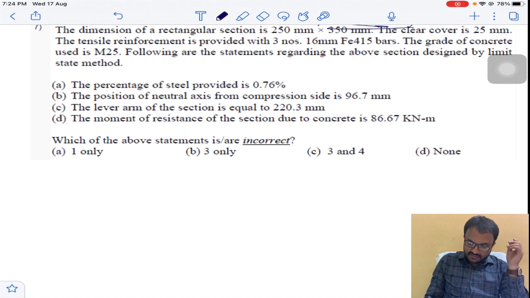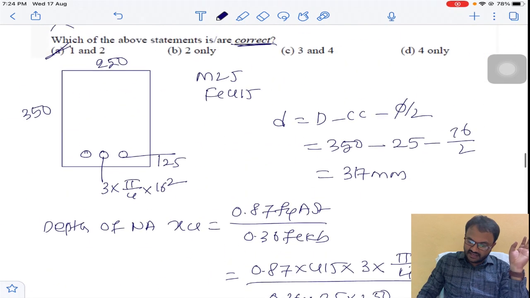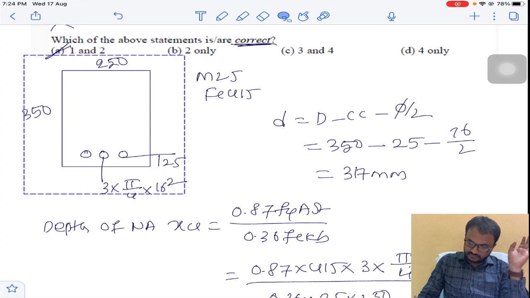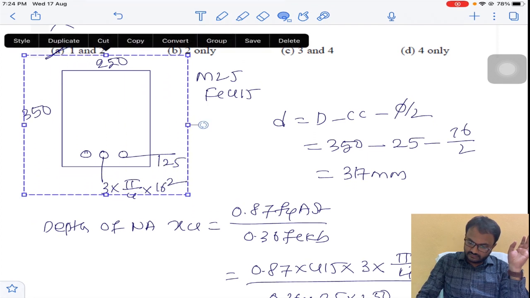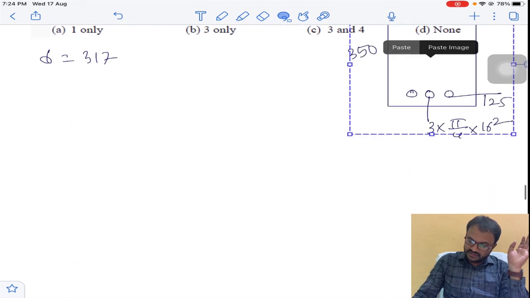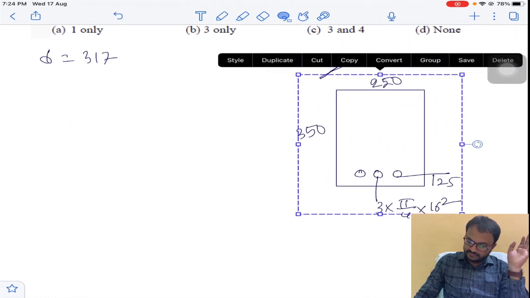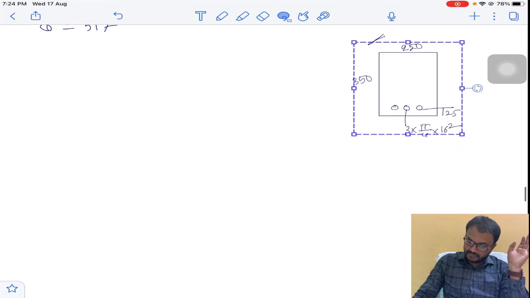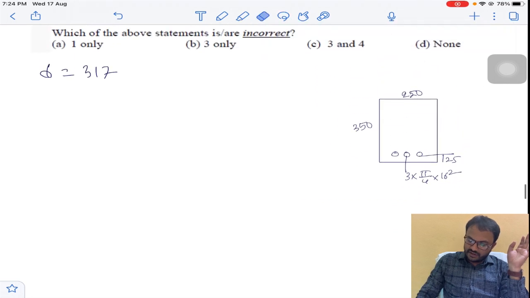So now we know d is equal to 317. I am not drawing the diagram again, so it is same as the earlier diagram. Wait, I'll copy here as well. So you can keep this diagram here. So now small d is equal to 317 mm.